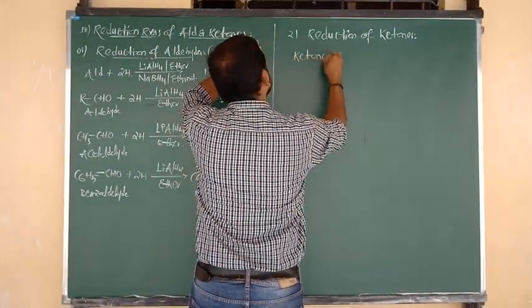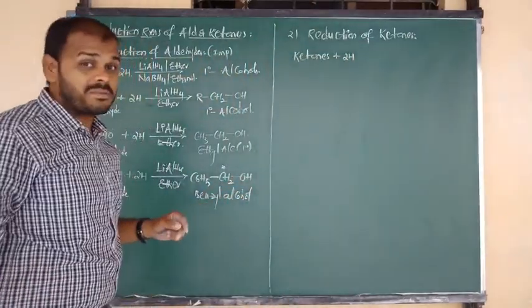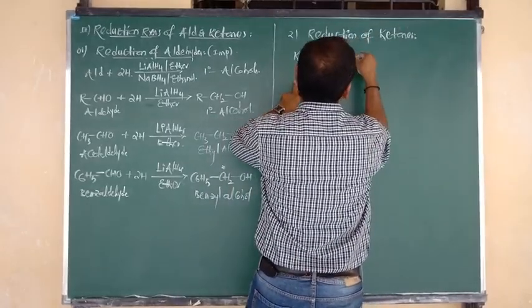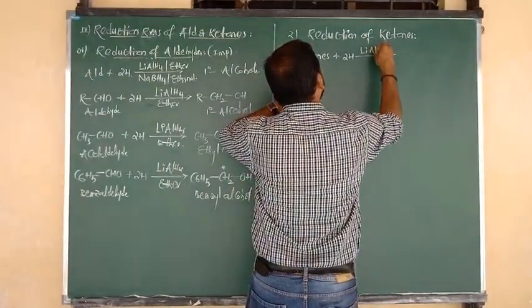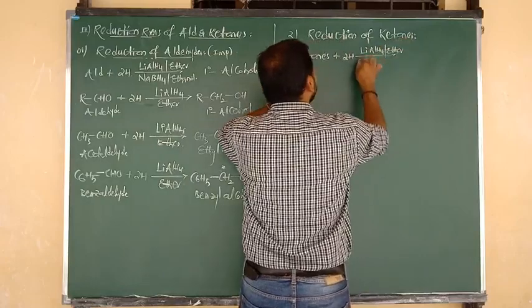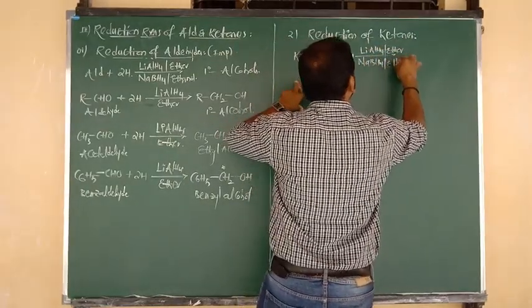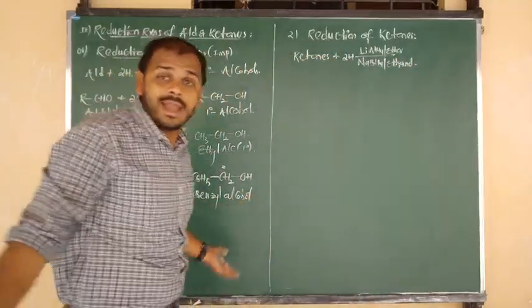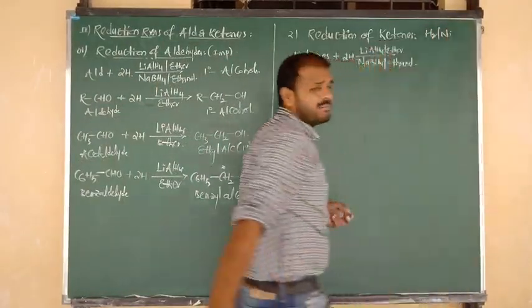Ketones upon reduction, means addition of hydrogen, take place by using reducing agents. The reducing agent is lithium aluminum hydride in presence of ether, and also we can take sodium borohydride in presence of ethanol, and also we can do catalytic hydrogenation, means addition of H2 in presence of nickel, platinum or palladium.